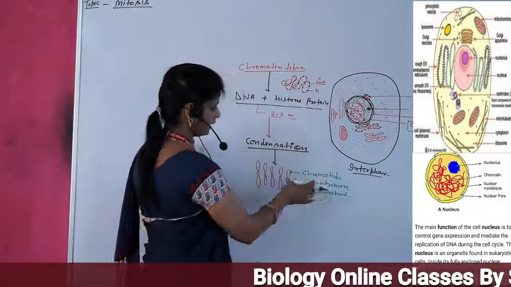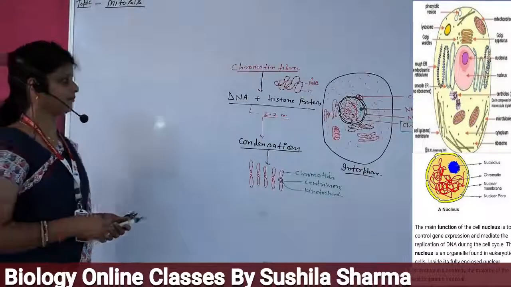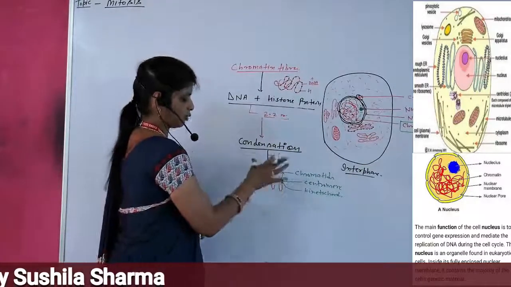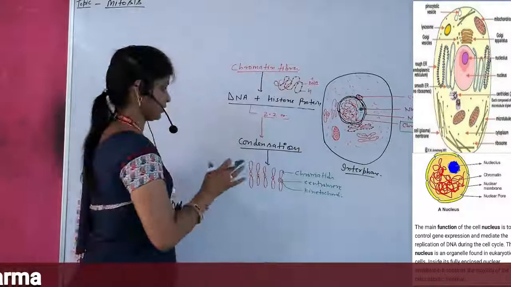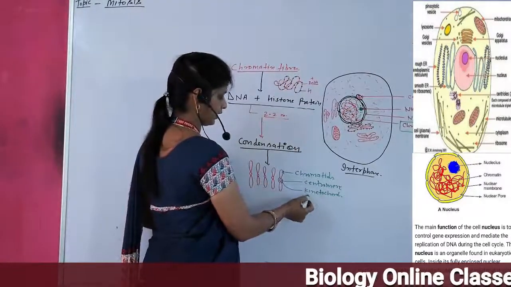So this is the structure of a chromosome. A chromosome has specific characters and structures like chromatid, centromere and kinetochore.